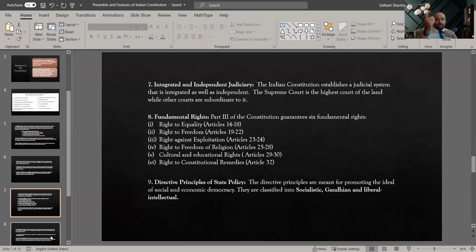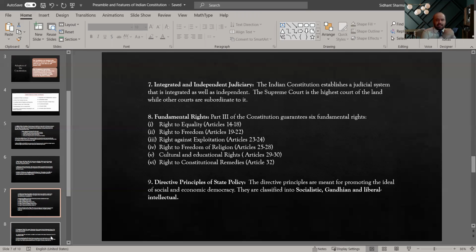Now, the most crucial part of the Constitution that we will study is Part 3, and we get many questions from this. It's the fundamental rights section of the Constitution. As you would be aware, we are provided with six fundamental rights: right to equality, right to freedom, right against exploitation, right to freedom of religion, cultural and educational rights, and right to constitutional remedies.